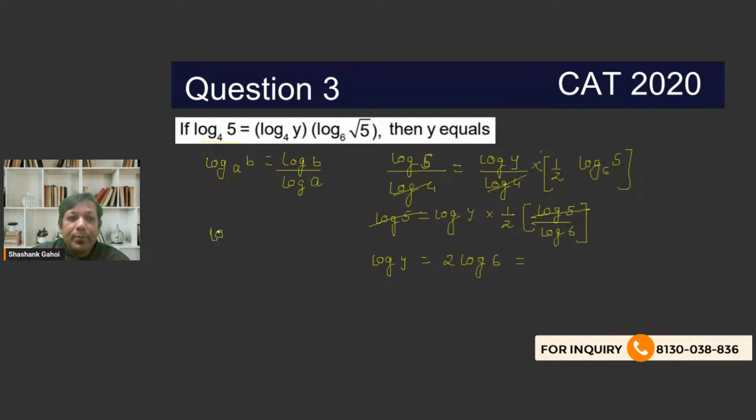That is log a b power m is equal to m log b base a. So basically, it is going to be log of 6 square, that is 36. So I can say y is equal to 6 square. The question is asking what is the value of y. So the value of y is equal to 36. So my answer to this question is going to be 36. And that's how we are going to approach the question.